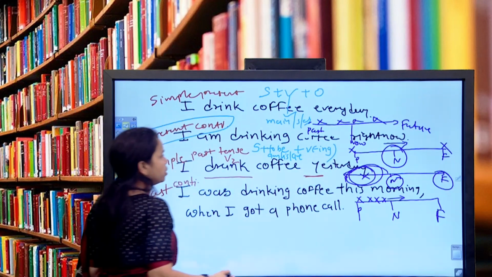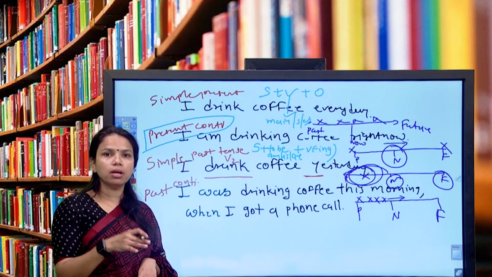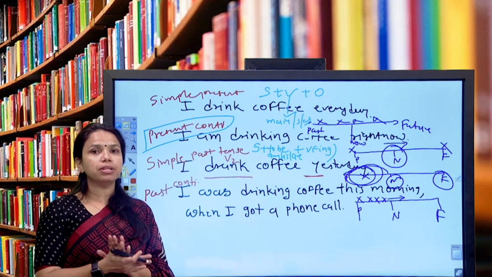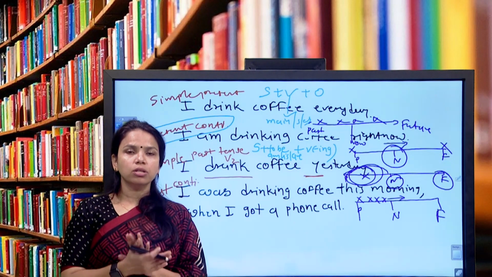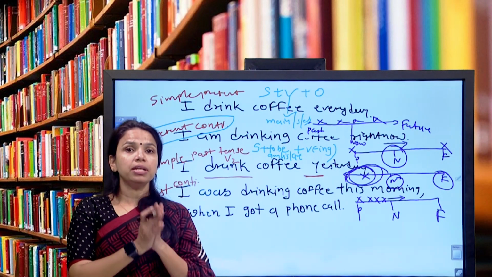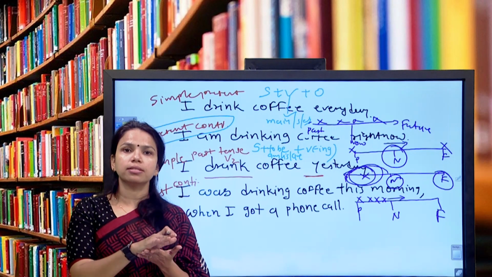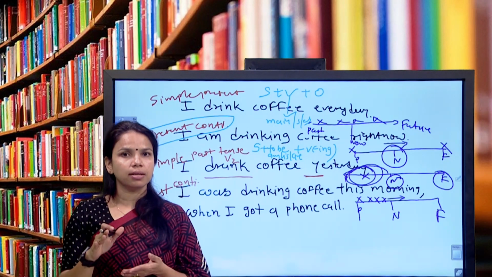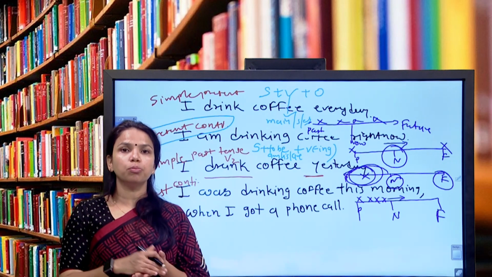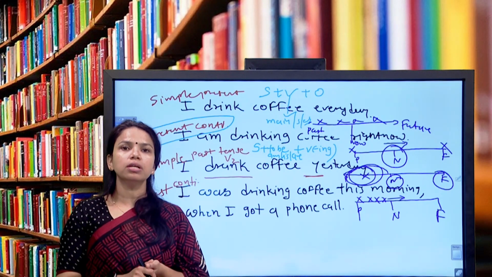Now you have a question: with which subject do we have to use am, is or are? If the subject is I, with I you have to use am. If the subject is singular, in that case you have to use is. And if the subject is plural, you have to use are.